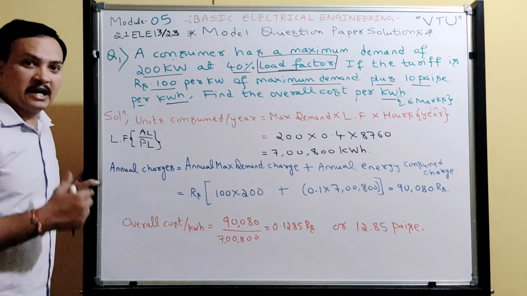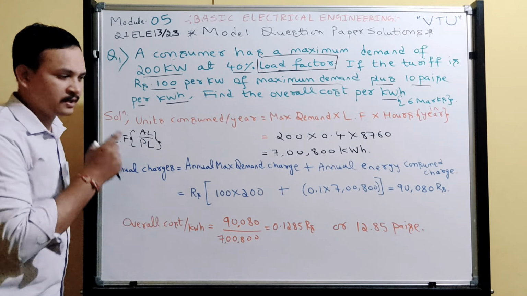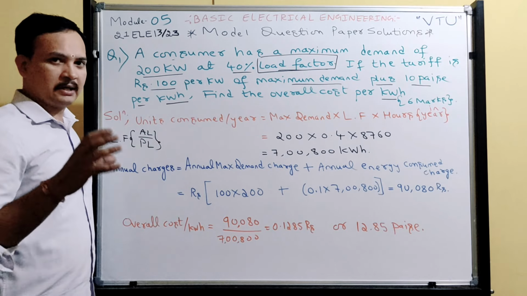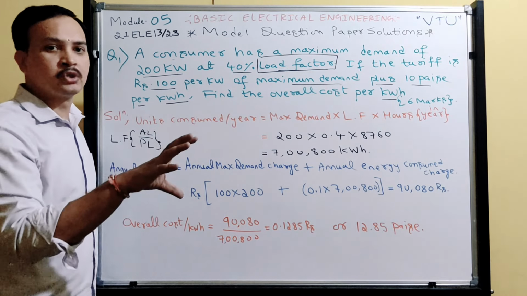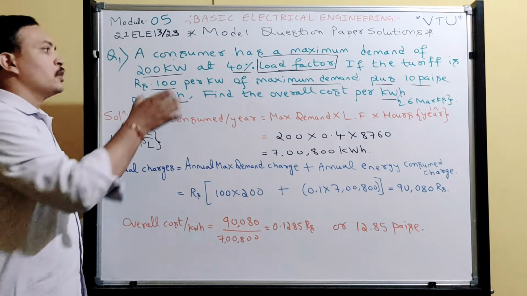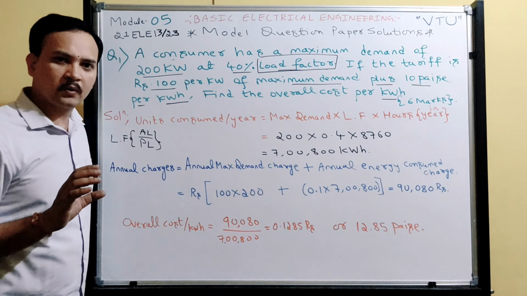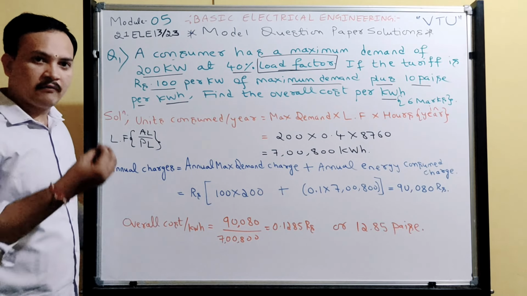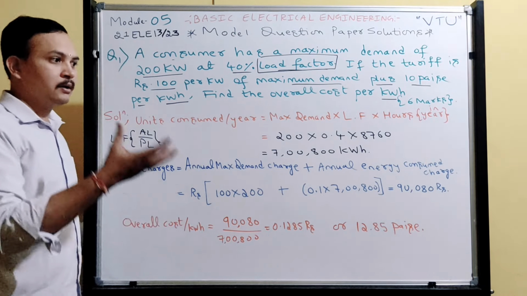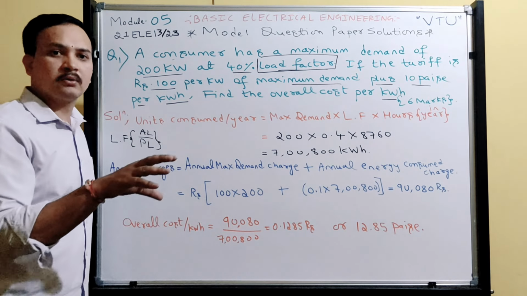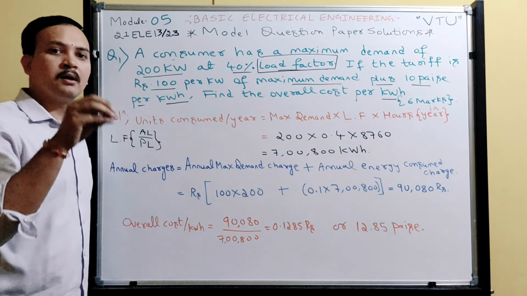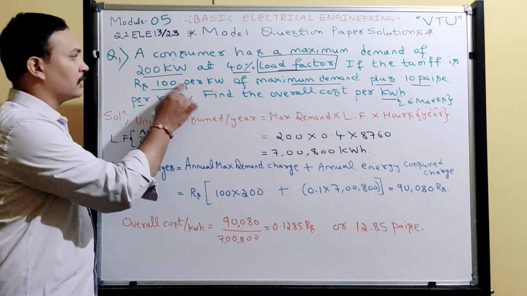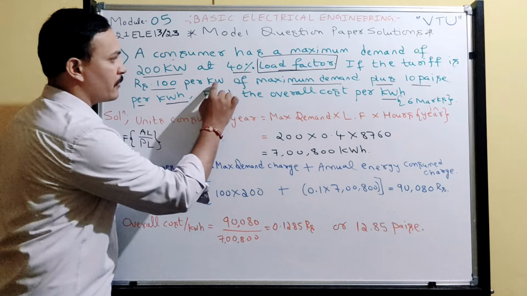Now, what are the charges? Annual charges, per year charges. The electric supply company is giving power to the consumer. For the entire year, 200 kilowatt power is sanctioned. For that, they are going to provide a fixed cost of rupees 100 per kilowatt of maximum demand.